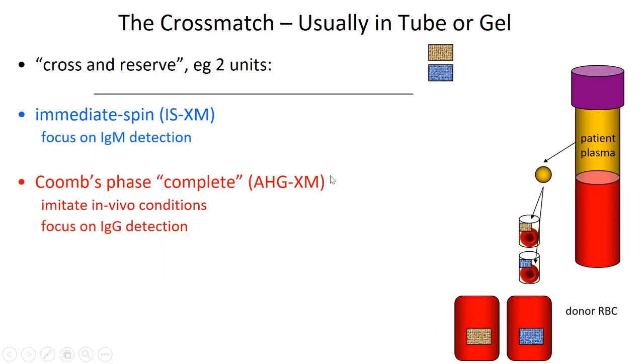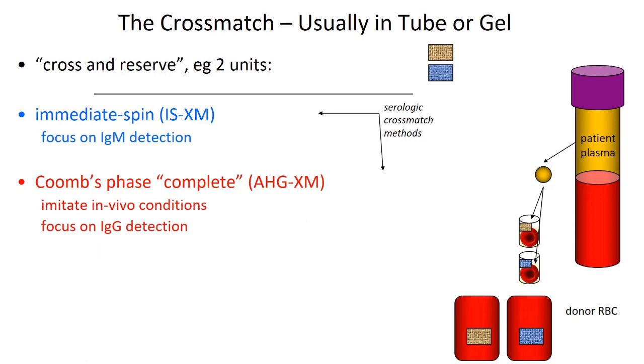The Coombs phase or complete serologic anti-human globulin-based cross-match really imitates in vivo conditions at 37 degrees and focuses on IgG detection with that reagent. Immediate spin and incubated full serologic cross-matches are serologic methods.